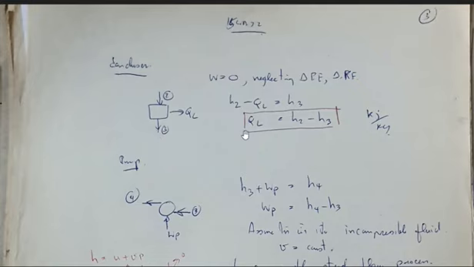So again, we can write the formula at the condenser: H2 coming in minus QL going out, and we are left with H3. So if you want to determine how much QL is dissipated into the environment, we get QL equal H2 minus H3.